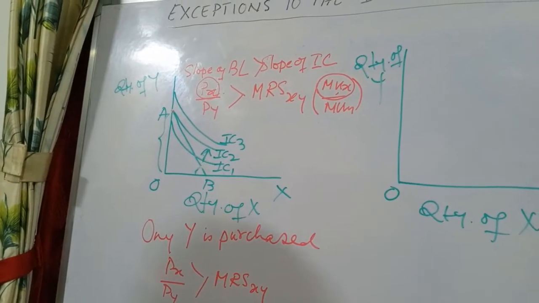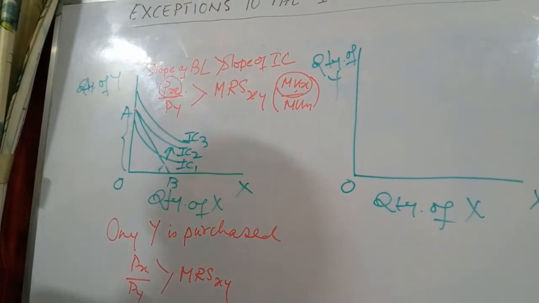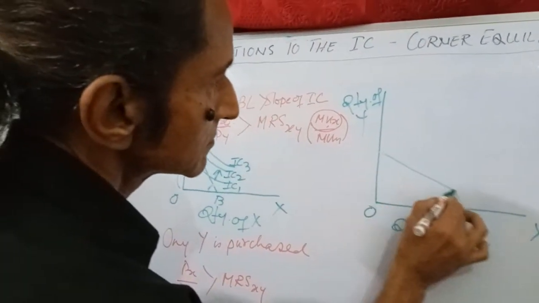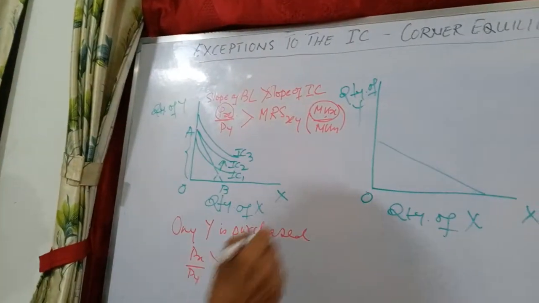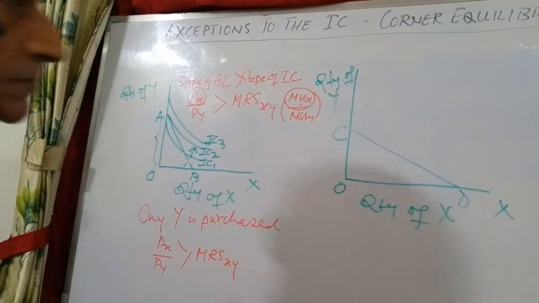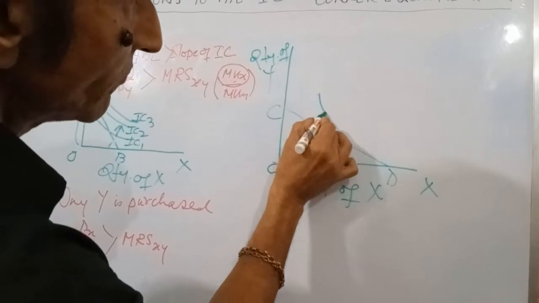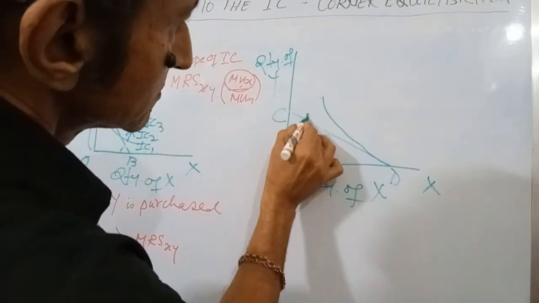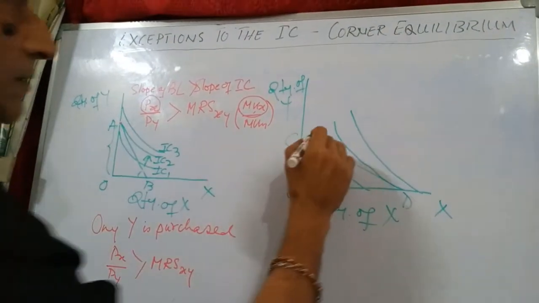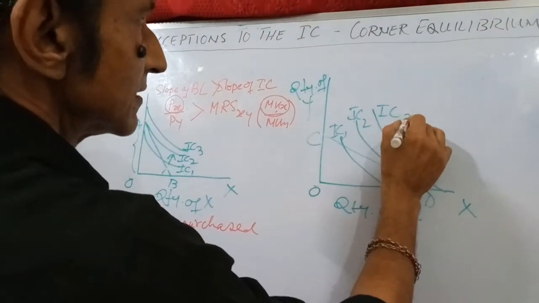Now look at this diagram. Say this is the budget line, say CD. CD is the budget line. Now take three convex indifference curves. This is IC1, this is IC2, and this is IC3.